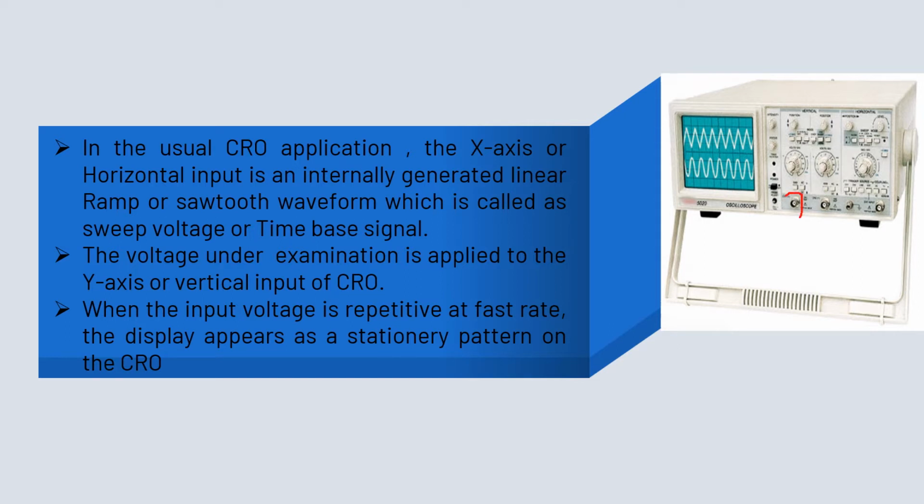These are the vertical inputs of the CRO. When the input voltage is repetitive at a fast rate, the display appears as a stationary pattern on the CRO.